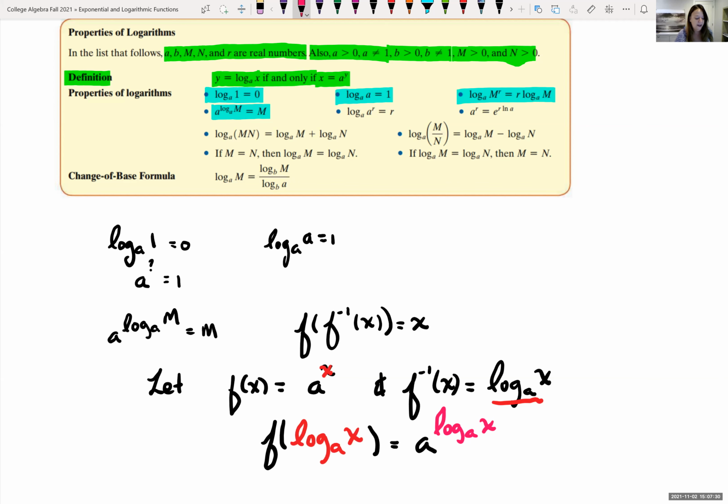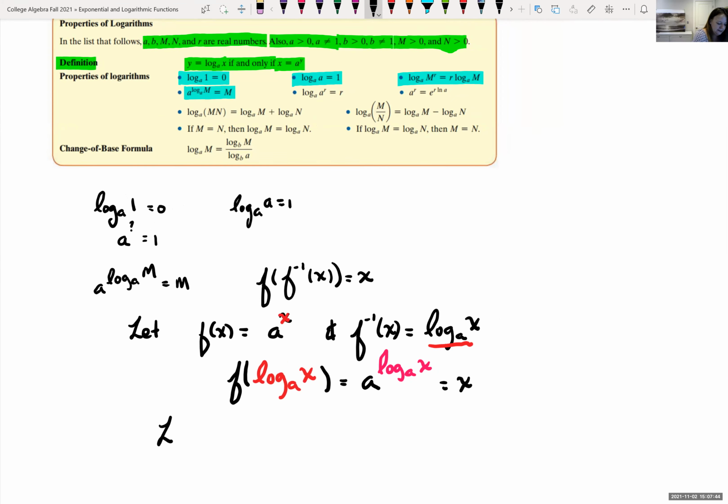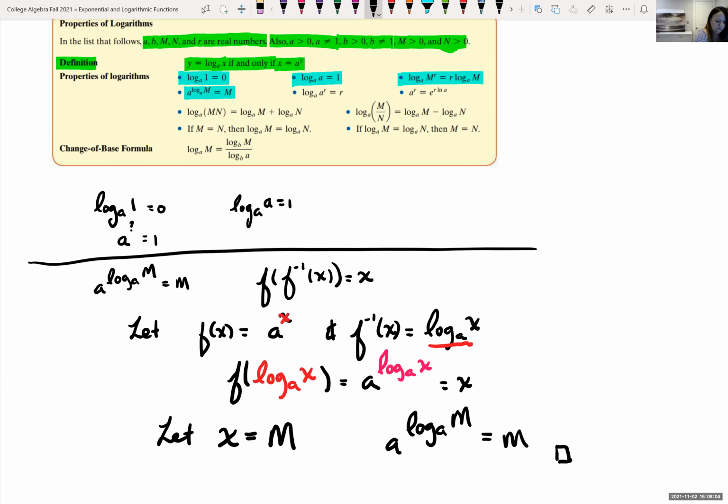And by definition of a function and its inverse, we know that taking the composition of the function and its inverse is just equal to x. Where if we let x equal m, then we could say a raised to the log base a of m has to equal m. So we just showed why that is true by a proof.